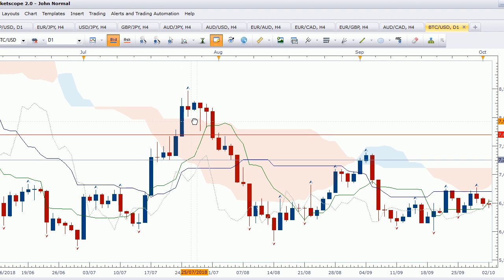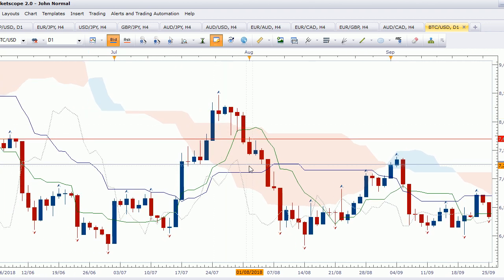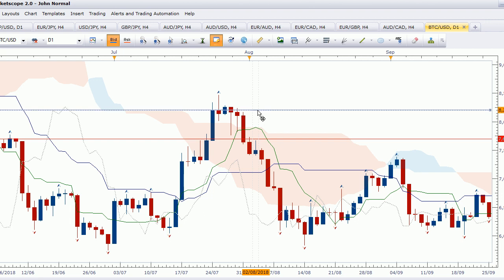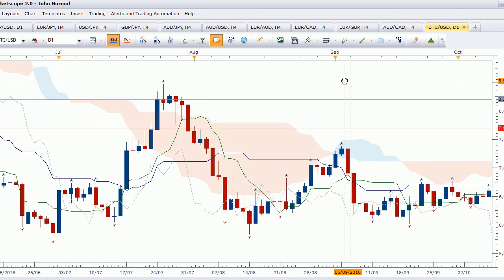And then here we broke out of the cloud, and that's normally a trade for Ichimoku. Kumo breakout. Would have thought, you know, broke out there, enter, bang, down. Not even a blink of an eye, and it's down. No messing about, no hesitation.